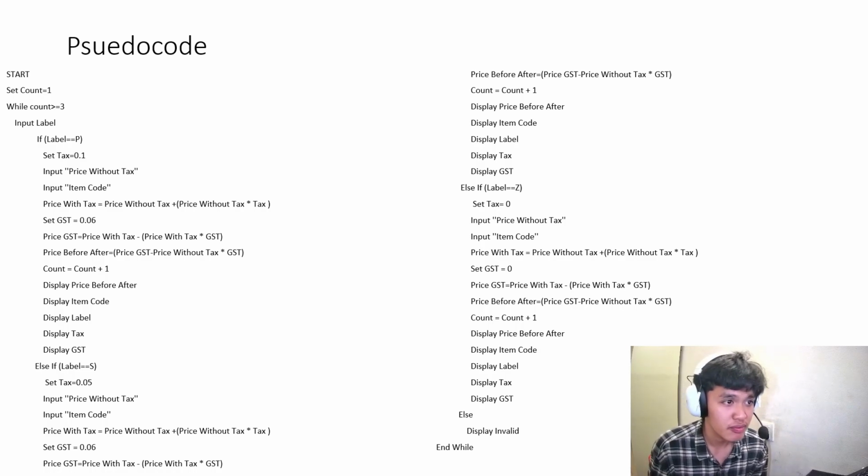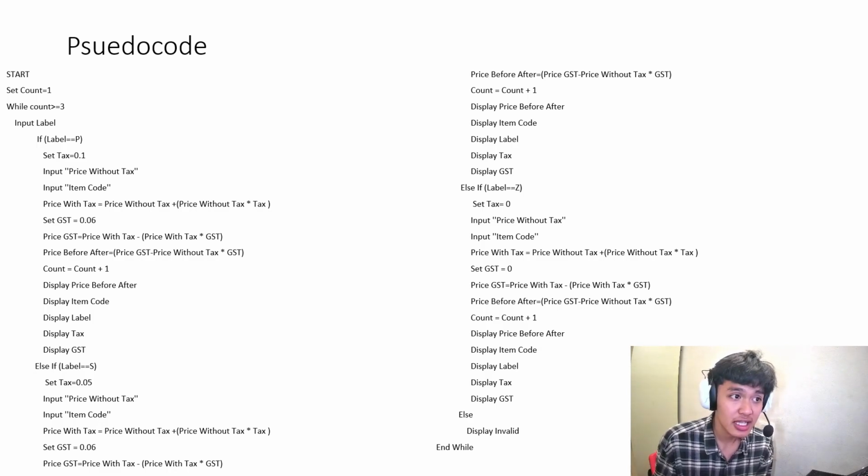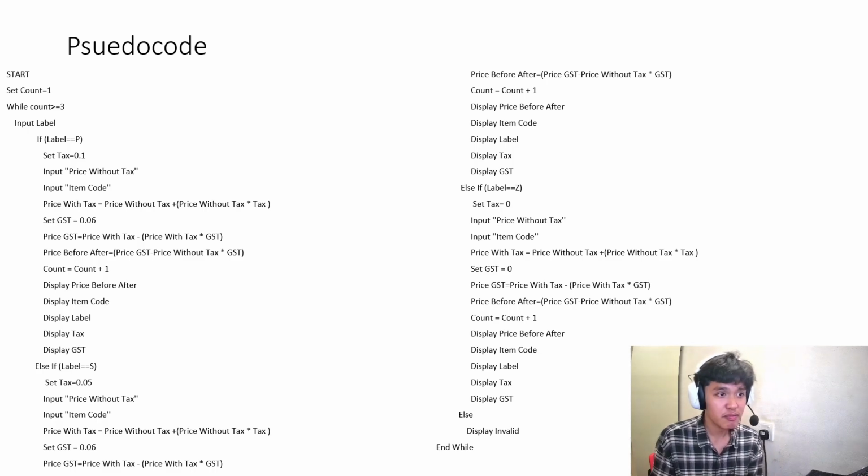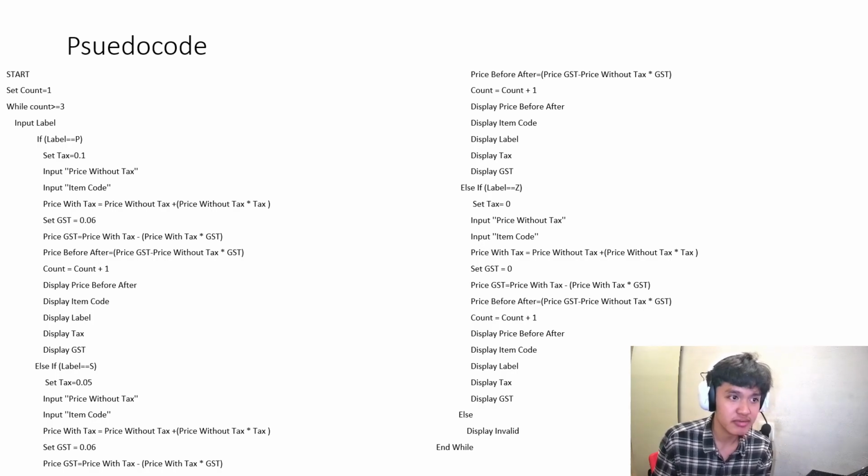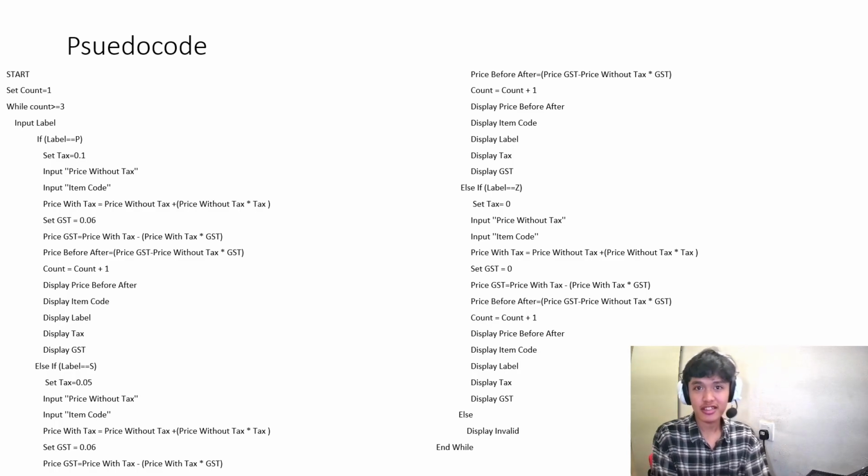Price GST equal price with tax minus price with tax multiply GST, and then price before after equal price GST minus price without tax multiply GST, and then count plus 1, and then display price before after, item code, label, tax, GST, and display invalid and end while. So that's all from me.